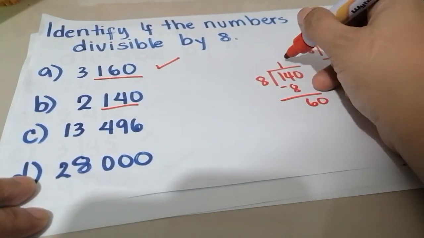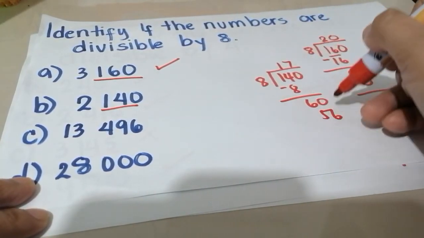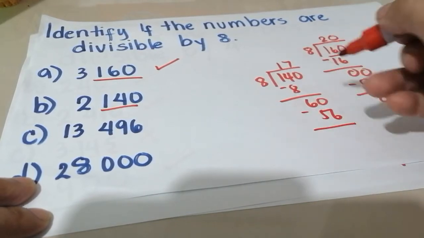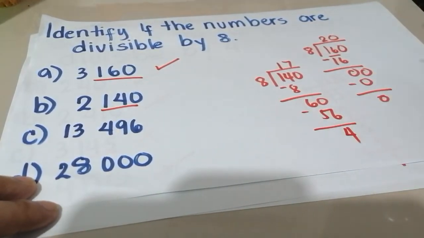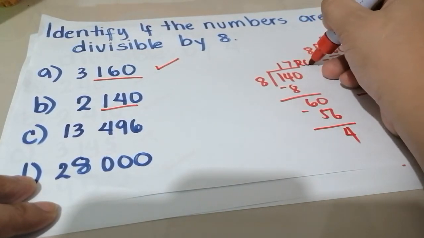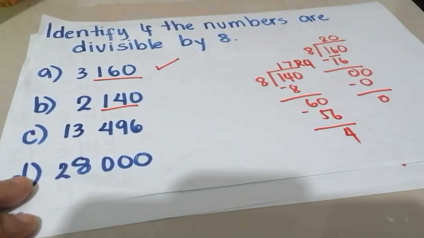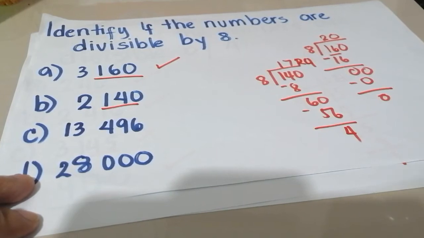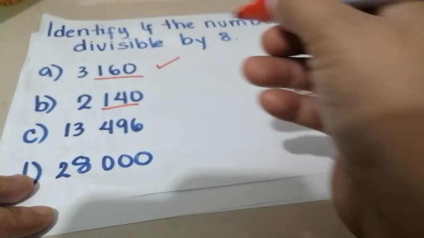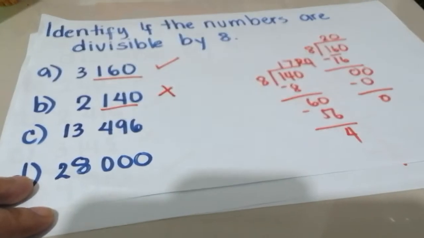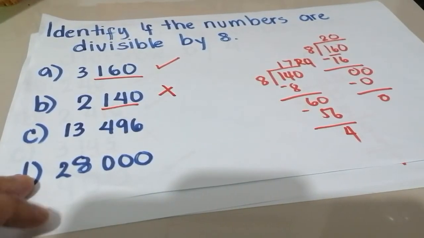It's 7. So that will be 7 times 8 is 56. 60 minus 56, we have a remainder 4. So meron tayong remainder 4 dyan. At dahil may remainder 4 tayo, meaning 140 is not divisible by 8. And because of that, 2,140 is not divisible by 8.